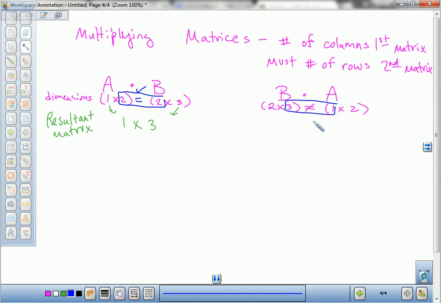No, this is not possible. Which tells us a really cool thing about matrix multiplication. Unlike multiplication of real numbers, where 2 times 5 is equal to 5 times 2, when we multiply matrices, A times B does not have to equal B times A. Very seldom will it equal. There's one special case, and we're going to explore that tomorrow.